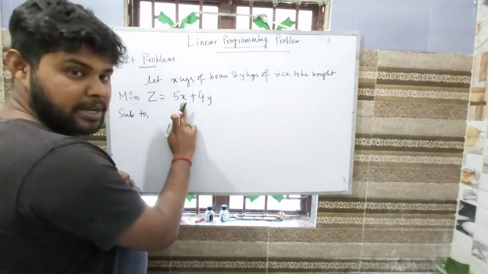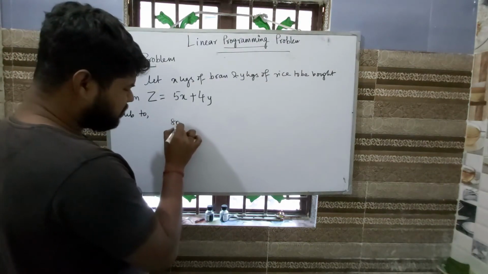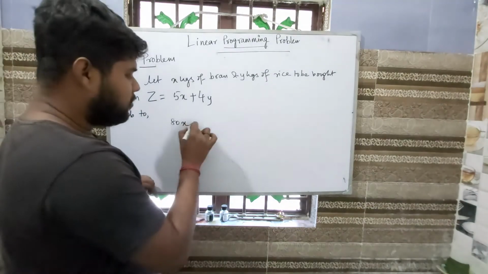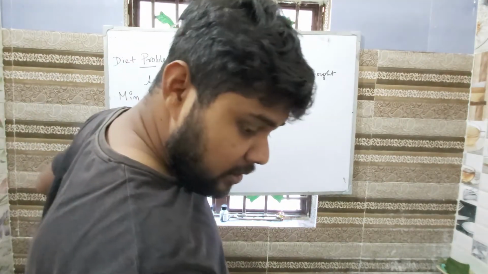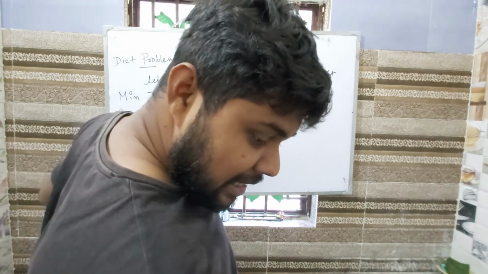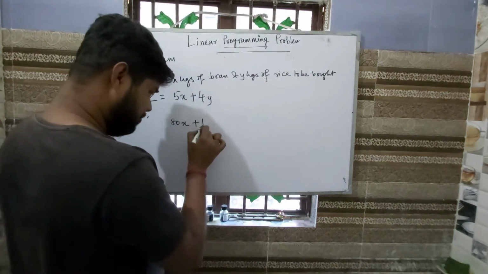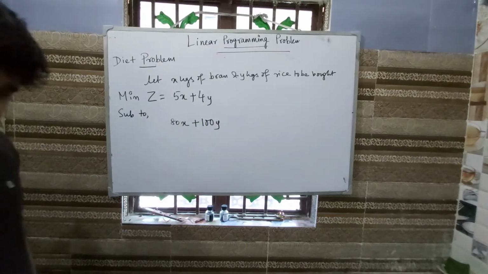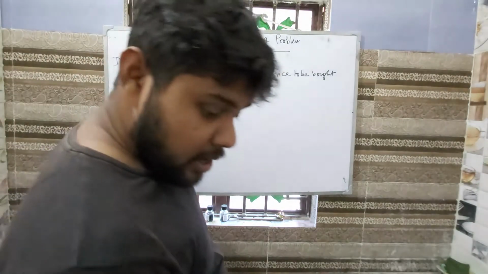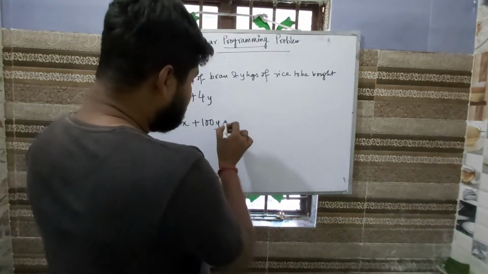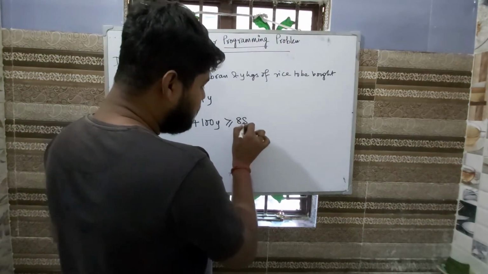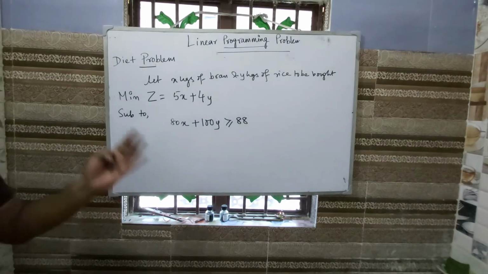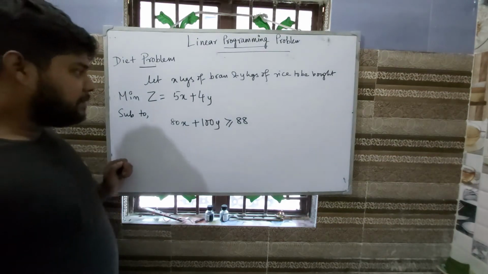So x kgs of bran will contain this much of protein, plus rice contains 100 grams of protein. So this much. Fine. So this total has to be more than or equal to 88. Fine.